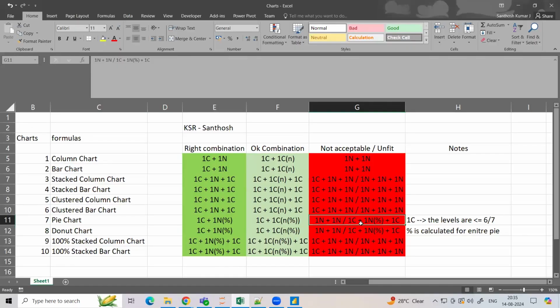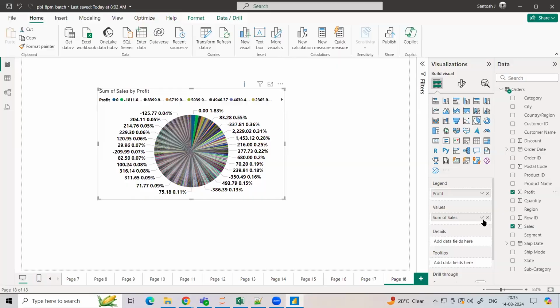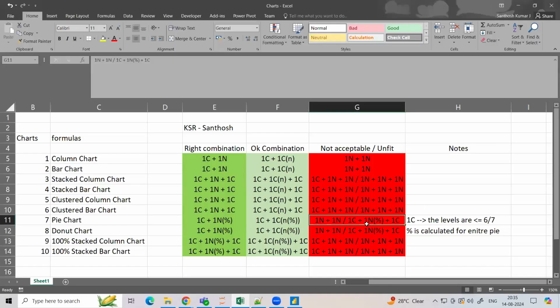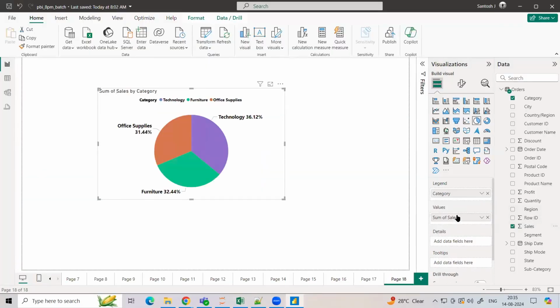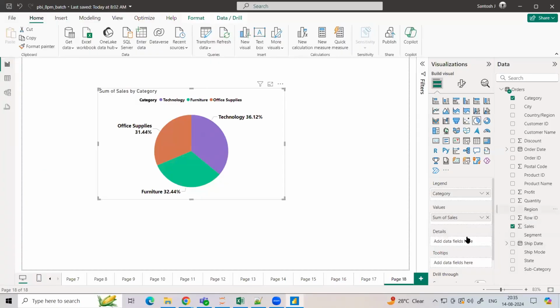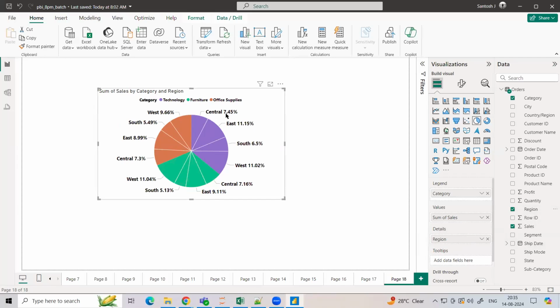Now, 1C plus 1N plus 1C. Let's say this is 1C and 1N, and again I'll take 1C. Is it readable? Can you tell me what is the 7%, 11%, 6.5%? It is readable.